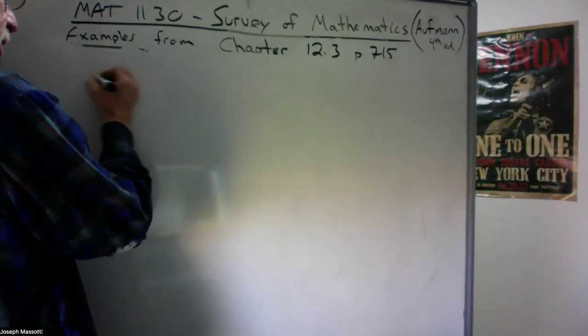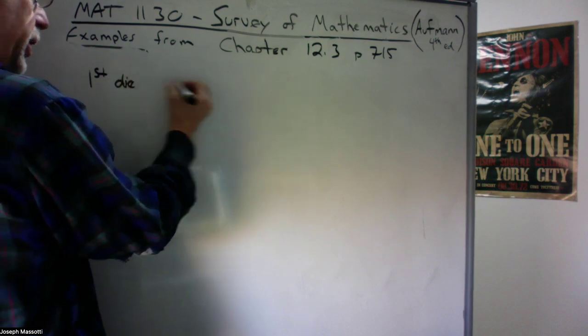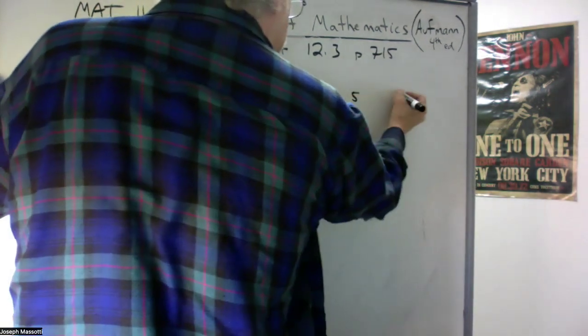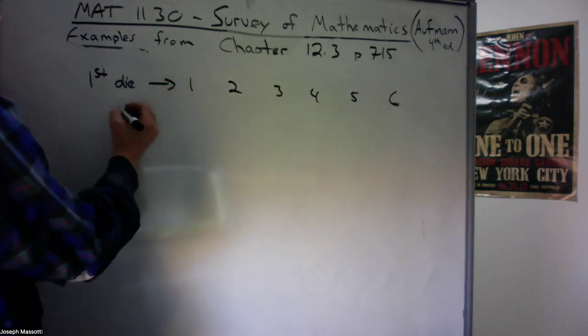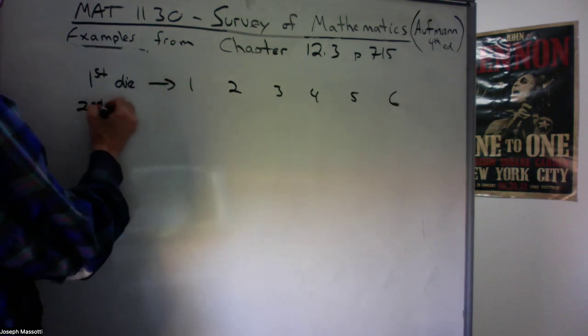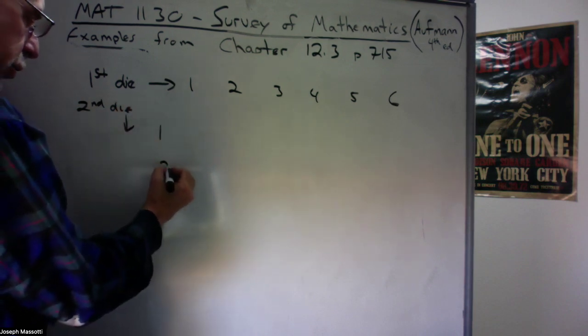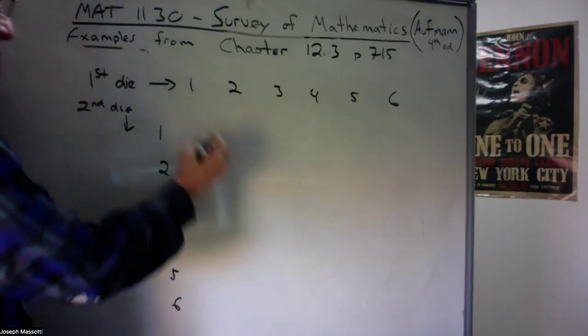On the first die, you can get a 1, a 2, a 3, a 4, a 5, or a 6. And on the second die, you can get a 1, a 2, a 3, a 4, a 5, or a 6.